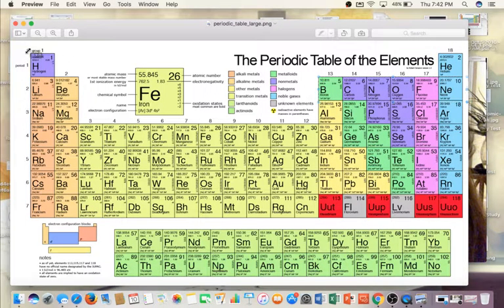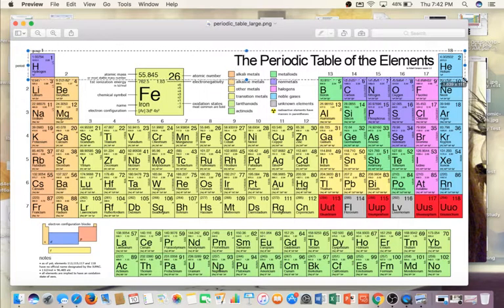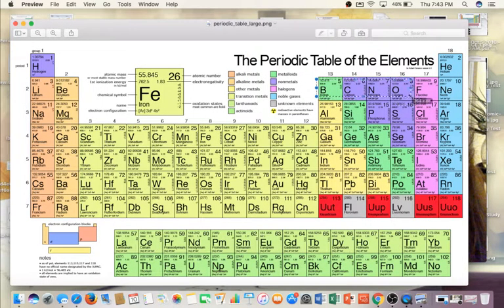So up top, the hydrogen is your 1S1, then helium being your 1S2. P starts with 2P, so boron starts the 2P groups, so that's 2P1, carbon's 2P2, nitrogen's 2P3, all the way, and neon ends it with 2P6.